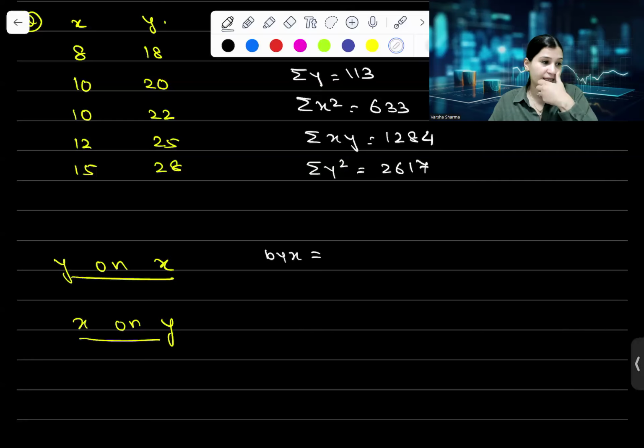What is the value of byx? 1.4642. Very good.